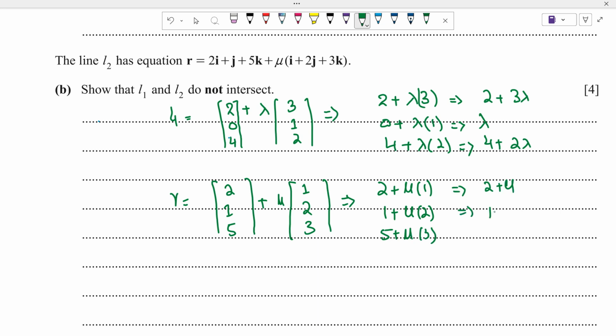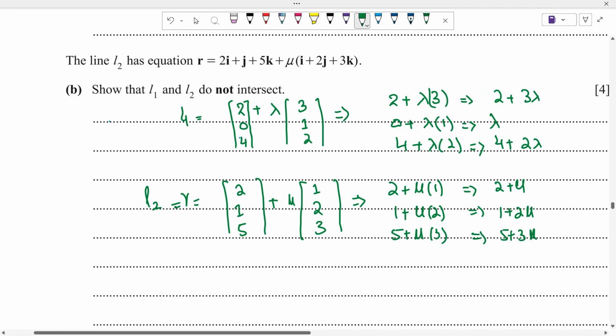This one is L2. If L1 and L2 have an intersecting point, we will equate the i, j and k components of L1 and L2 simultaneously and find the values of lambda and mu. So we compare the i, j and k components of L1 with L2.